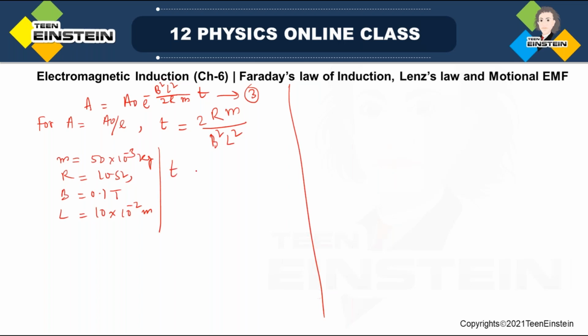If we put all these values, 2 into 10, then 50 into 10 to the power minus 3, and then B square, 0.1 whole square, and L square, that means 10 to the power minus 1 whole square. If we do the calculation properly, this will give you 10 to the power 4 seconds. Now come to another point.